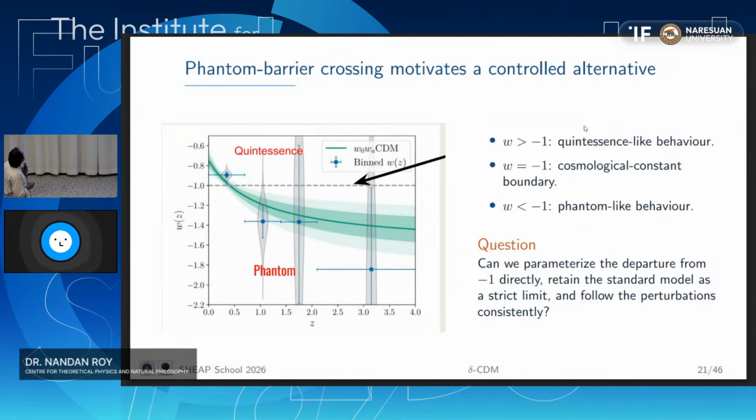Actually, these are observations, what they did in DESI. They have a redshift bin, and they bin the observation and find the equation of state only for that redshift. And they have another bin here. As you go farther, your experiment and observation have more errors, so you get more error bars there.